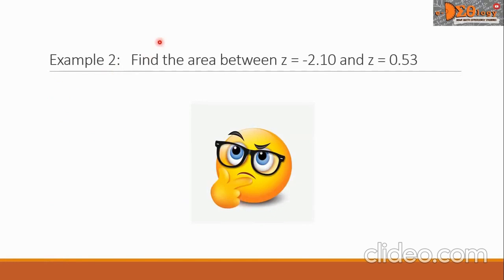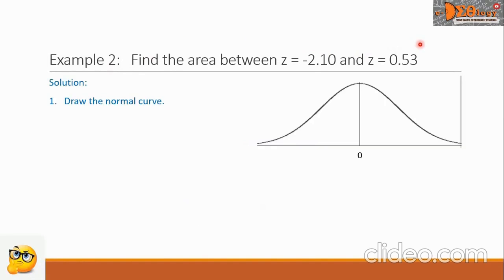Example 2. Find the area between z equals negative 2.10 and z equals 0.53. Drawing the normal curve, we have here the curve, and let us shade the area desired.